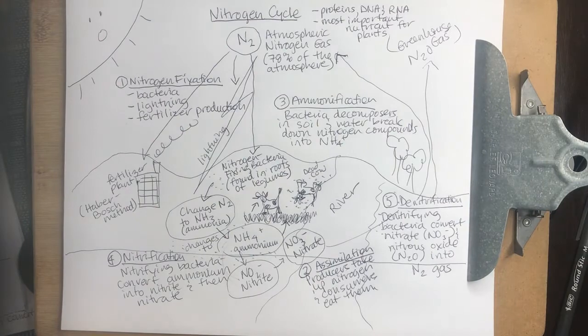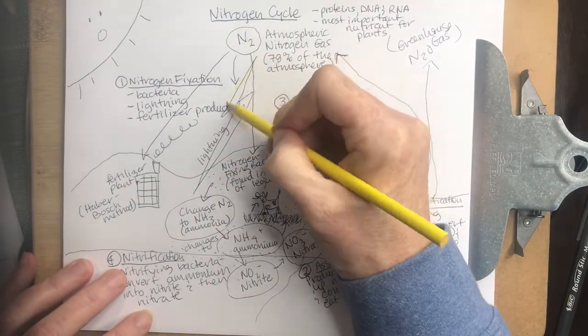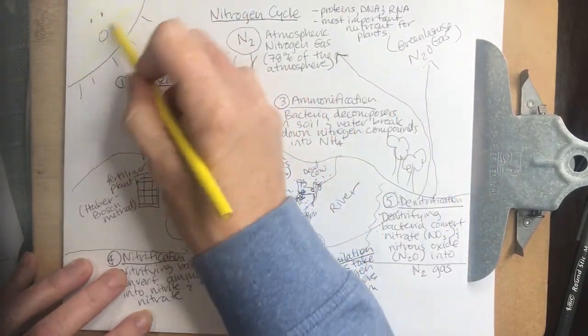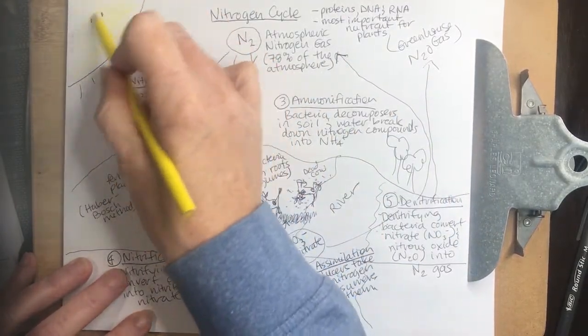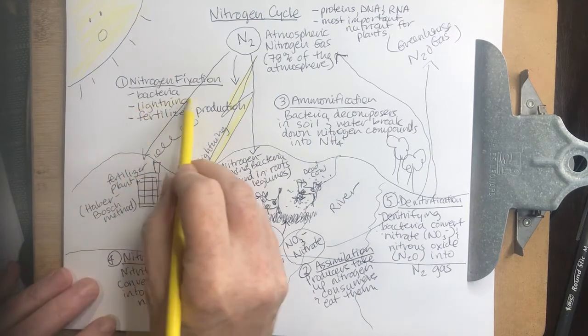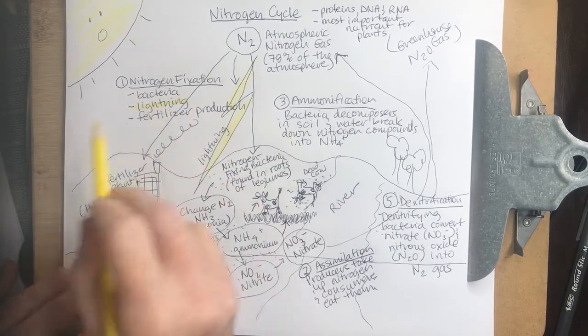All right, so a little color to help set some things apart here. How about some yellow for our lightning, a little for our sun. Whoa, I just learned a lot about nitrogen. Okay, and so over here you had bacteria.